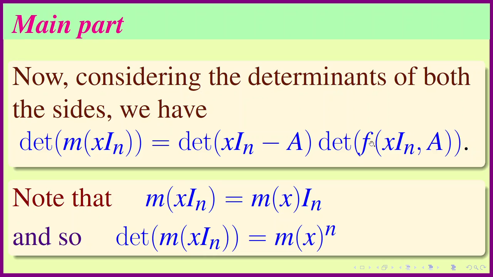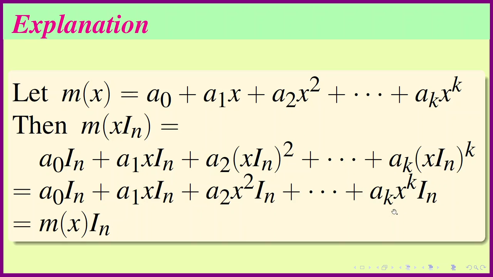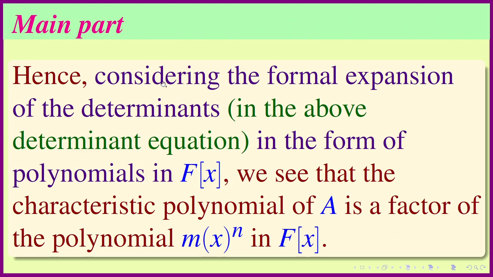The other factor will be just a polynomial in x. Hence, considering the formal expansion of the determinants in the above determinant equation in the form of polynomials in F[x], we see that the characteristic polynomial of A is a factor of the polynomial M(x) to the power n in F[x].